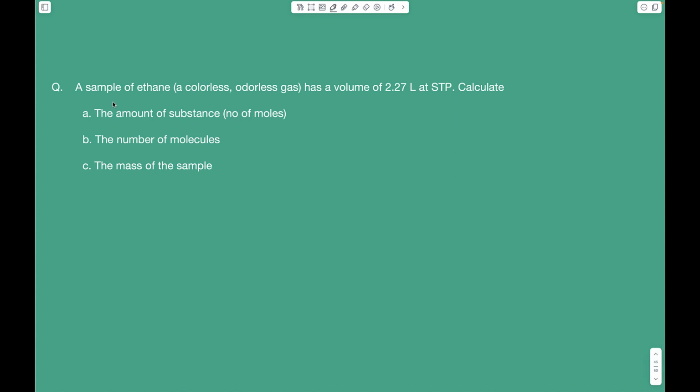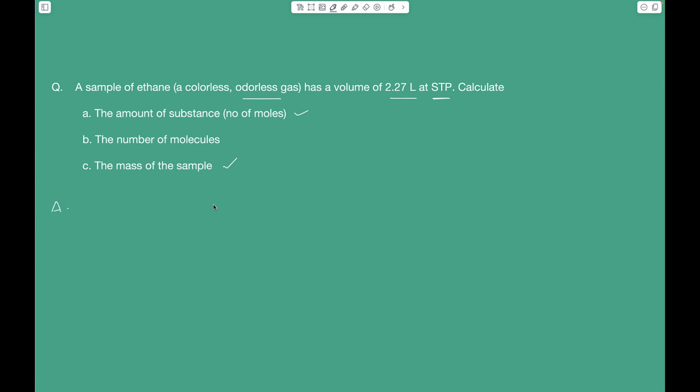This question says a sample of ethane, which is a colorless, odorless gas, has so much volume at STP, and we are asked to calculate the amount of substance or the number of moles and the number of molecules present in that sample of gas and the mass of the sample. Now, how do we answer this question?